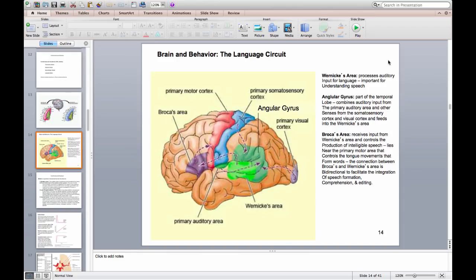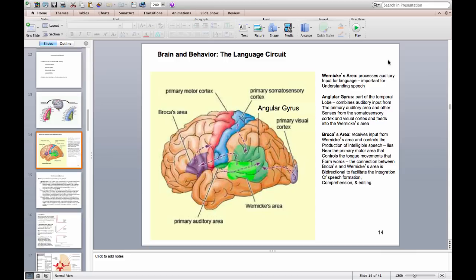Now, strokes to the left side of the brain are much more likely to cause language problems because in the vast majority of people, the left side is where you have Wernicke's area and Broca's area, where the language circuit resides. It's not that those structures aren't on the other side, it's just that they're not the primary ones driving language.